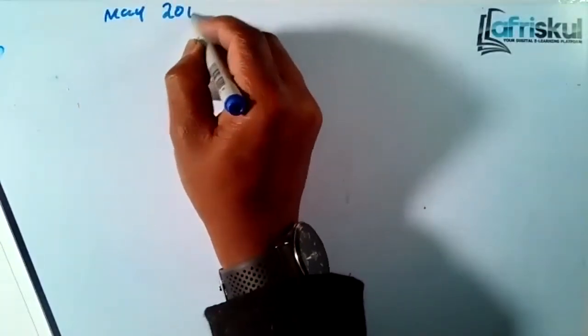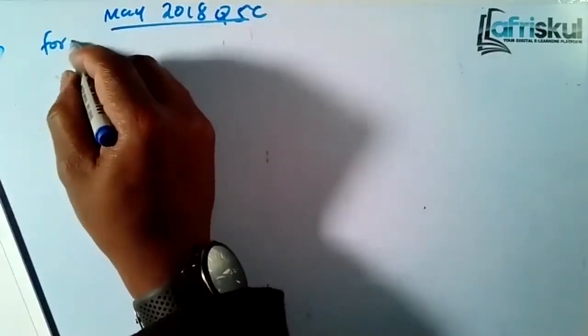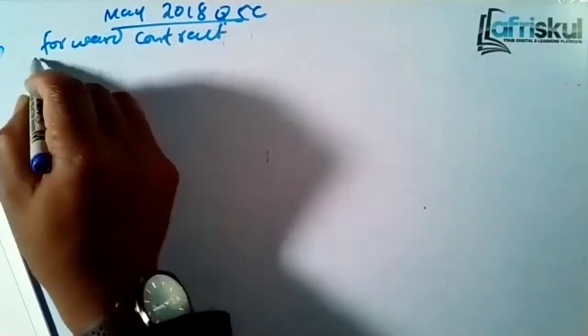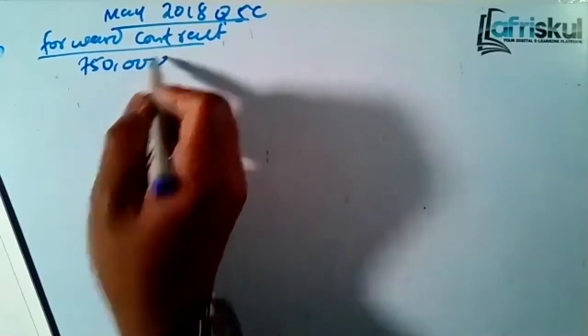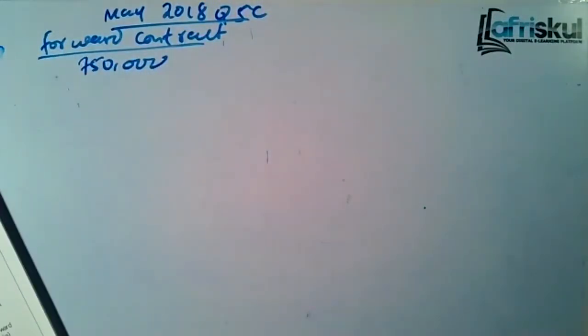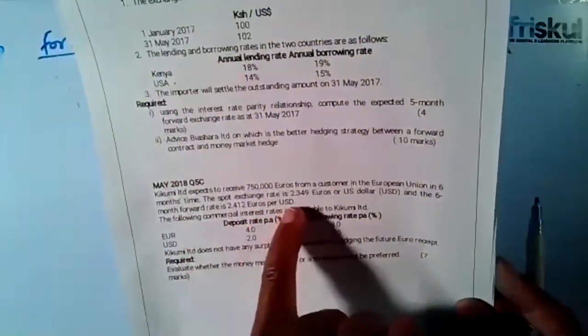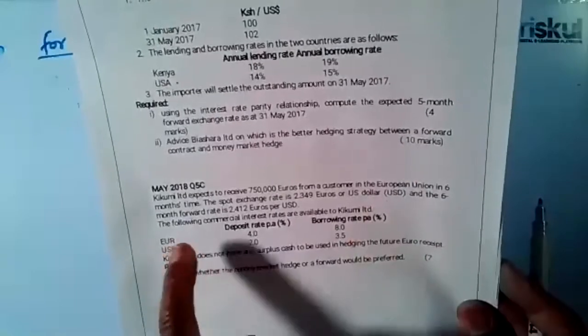So we are doing May 2018 question 5C. If you look at the forward contract, that's straightforward. You expect to receive 750 euros. And then we are told that the spot exchange rate is 2.349 euros to US dollars and the 6-month forward rate.